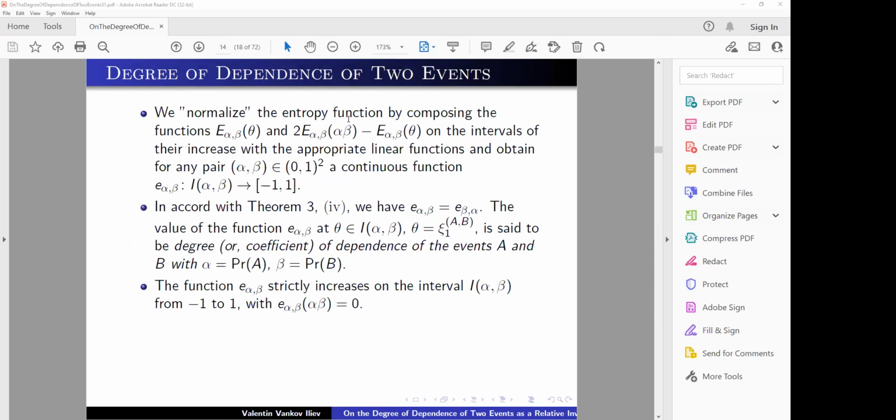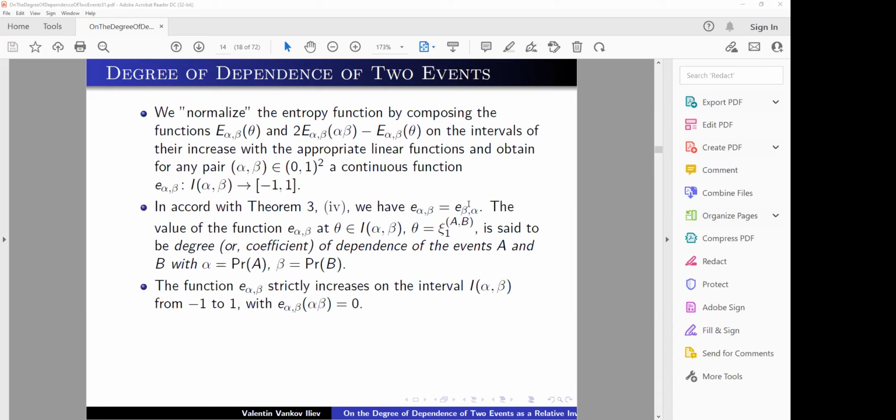So we normalize this entropy function in this way. I express this. You see this geometrically, and get a function E alpha beta from this interval I alpha beta onto the interval -1, 1, which is a continuous function, and it is an increasing function.